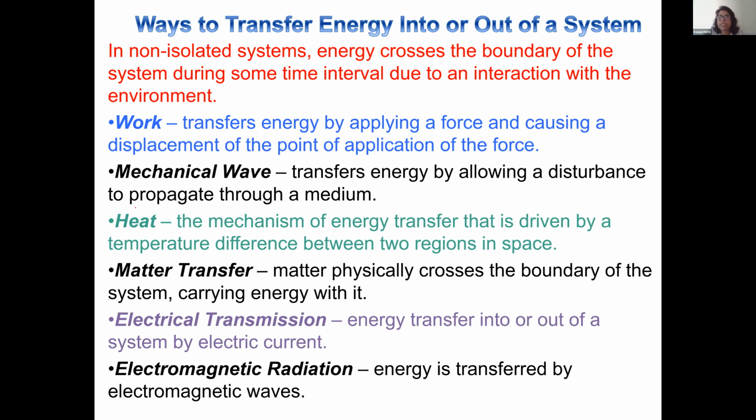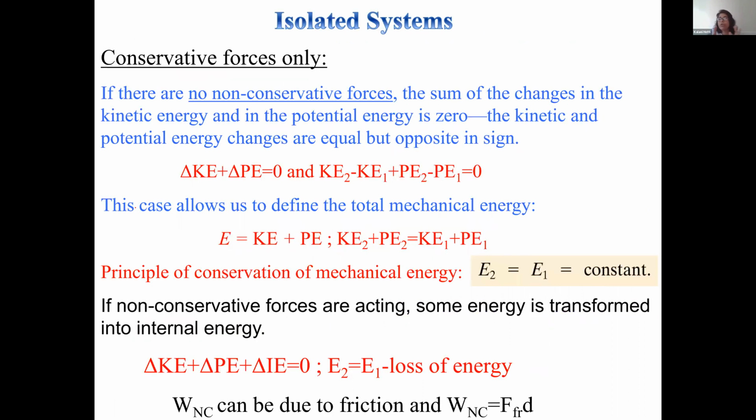This transfer of energy can be anything: applying a force, which is the work we discussed, a mechanical wave, matter transfer, electrical transmission or electromagnetic radiation. Different kinds of transformations can happen to energy. But we're going to move into the isolated system and talk about what energy conservation is.